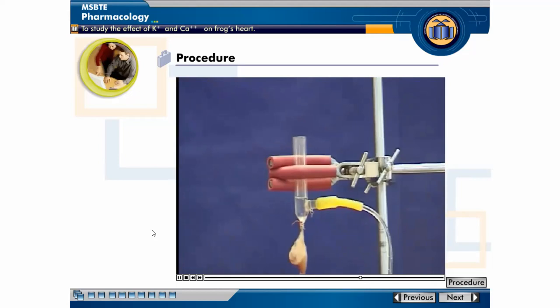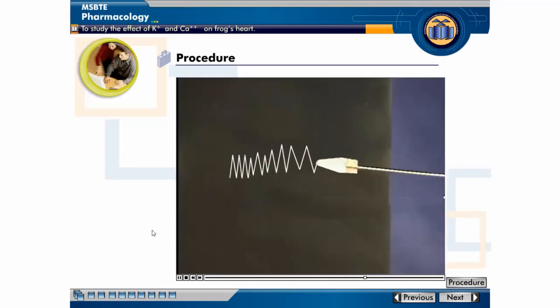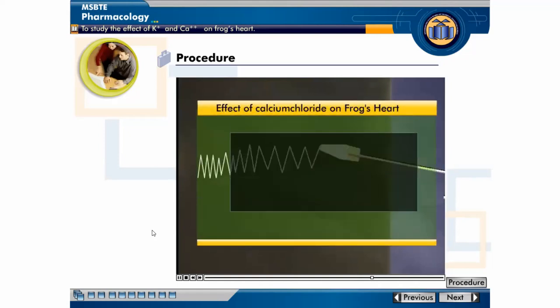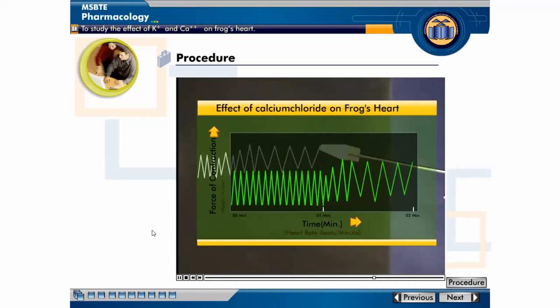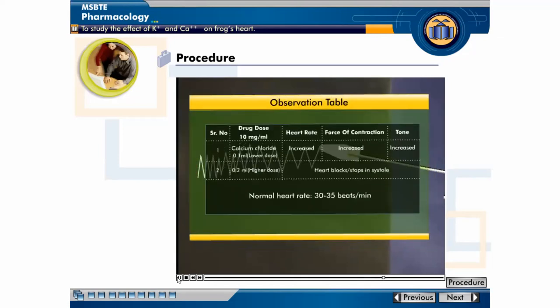Similarly, inject 0.1 ml of stock solution of calcium chloride in the cannula and record the response of heart on the smoked paper for 1 minute. We can easily see that the force of contraction, tone, and rhythmicity is increased. Repeat the same procedure by injecting 0.2 ml of stock solution of calcium chloride.